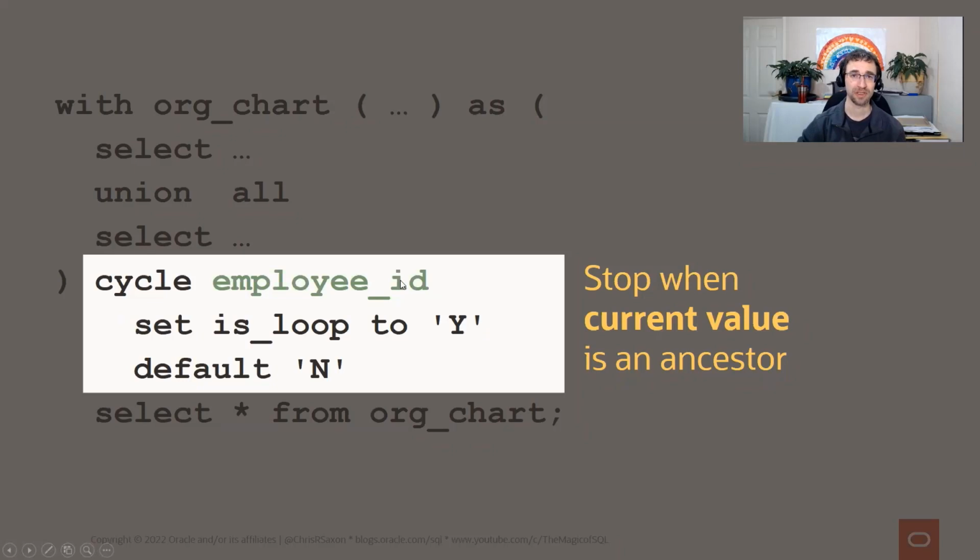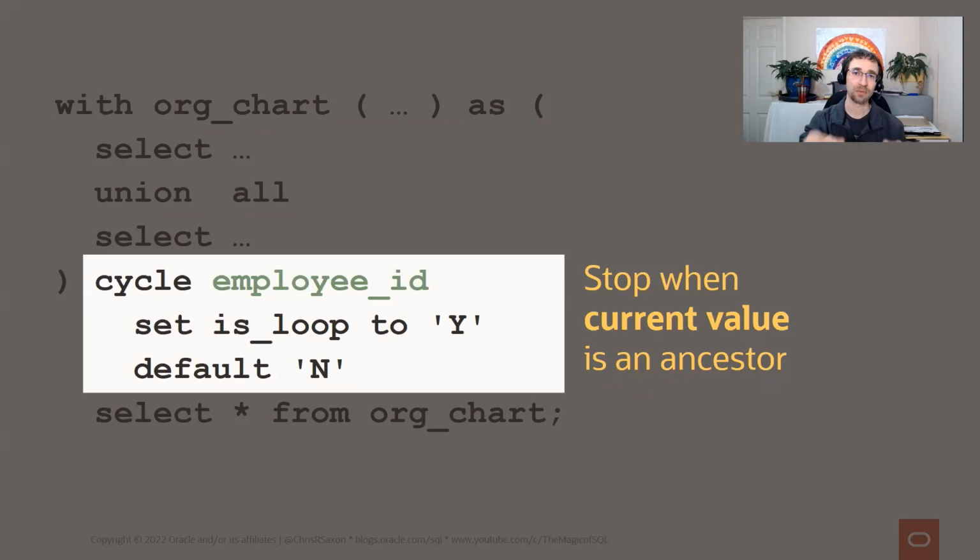Cycle looks at just this employee ID, and unlike connect by, which looks to the next row, recursive with stops on the current row. So it says, if the row we're on, the value for employee ID, is also a value we've already seen in the past, change the value of this flag, set is loop to Y instead of N, and stop processing. Okay, so again, a subtle difference, not only a difference in query, but actually a subtle difference in behavior.